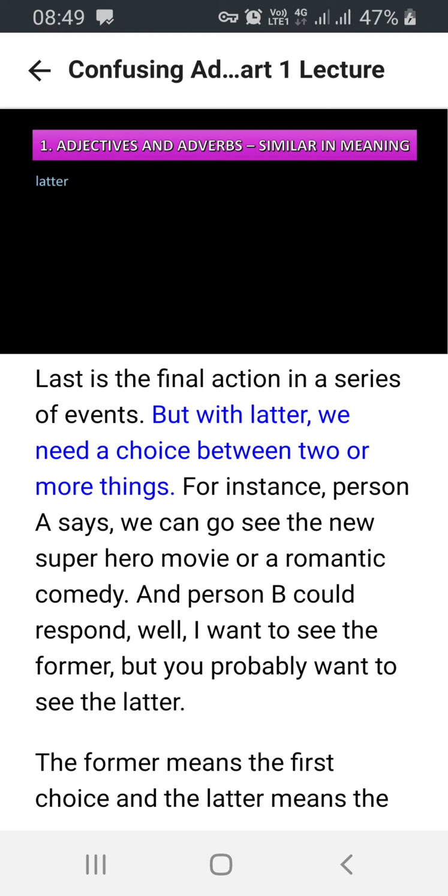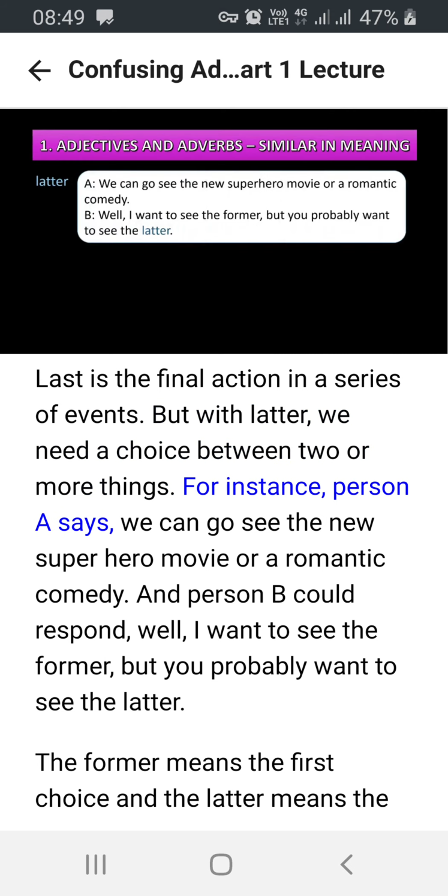But with latter, we need a choice between two or more things. For instance, person A says, "We can go see the new superhero movie or a romantic comedy." And person B could respond, "Well, I want to see the former, but you probably want to see the latter."